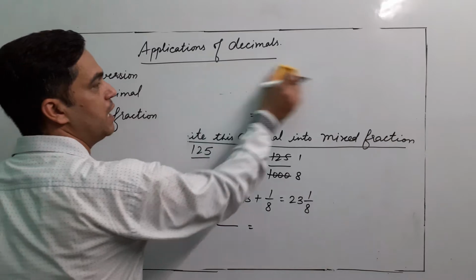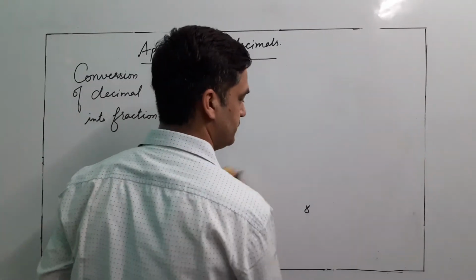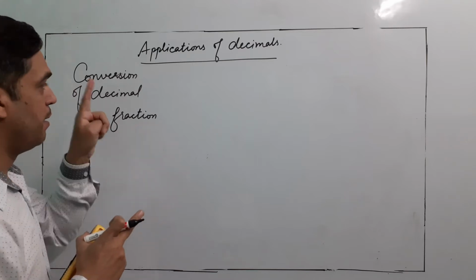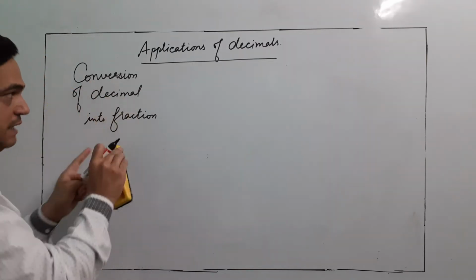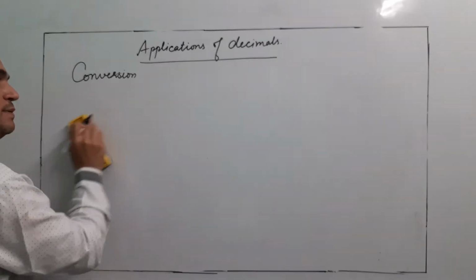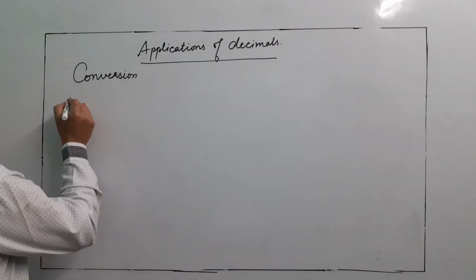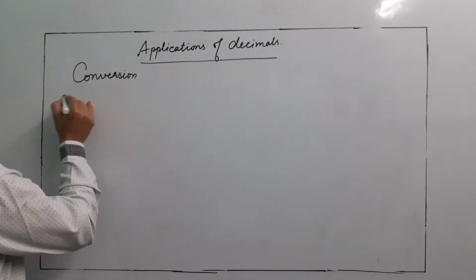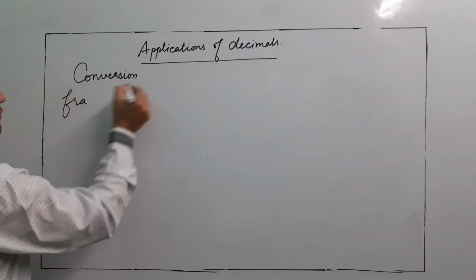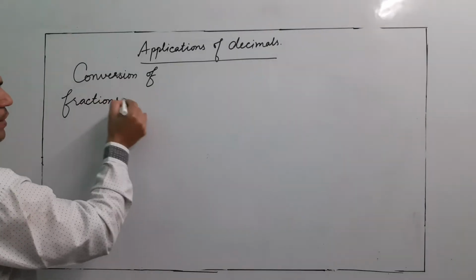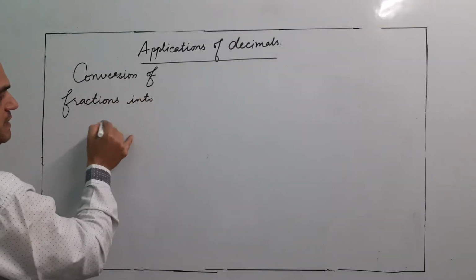Now we will learn conversion of fractions into decimal. We have learned conversion of decimal into fraction, but just opposite of it, we will convert fractions into decimal.